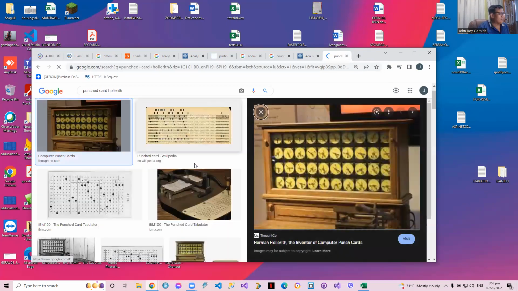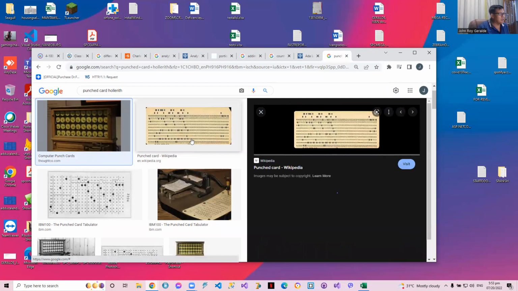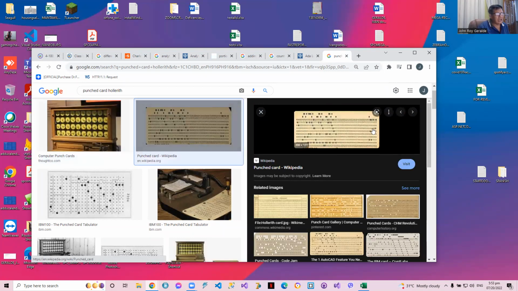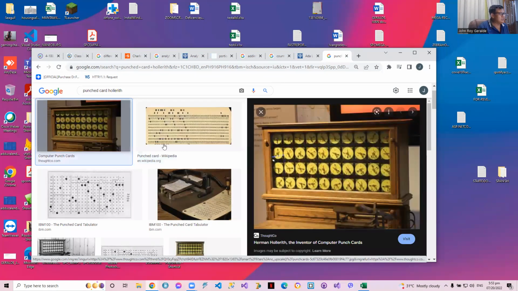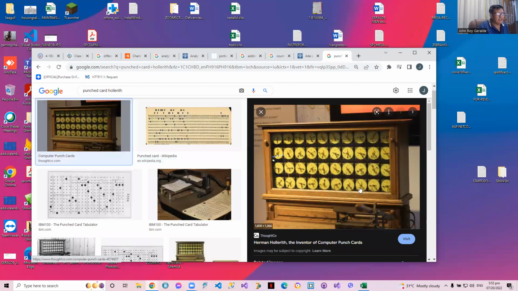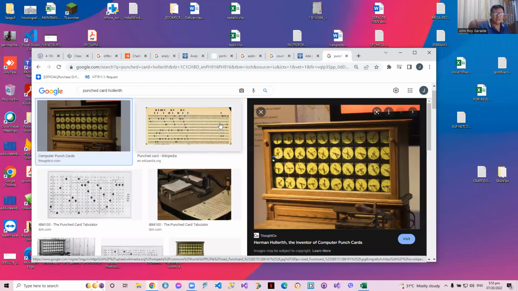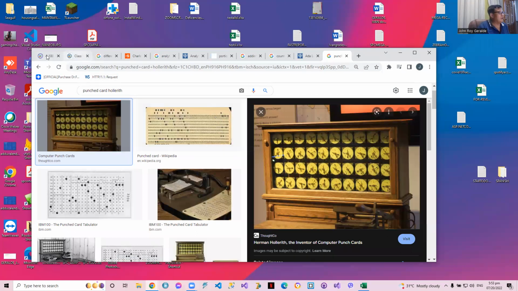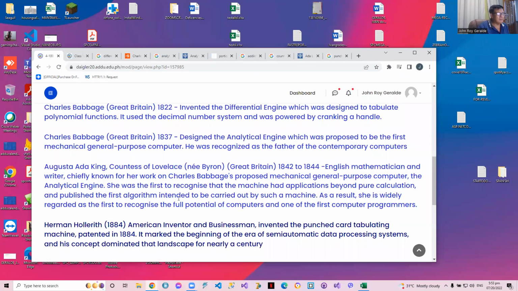This is the Hollerith punch card. It is an 80-column card where one column can be used to designate a digit, so ones, tens, and so on. This is the Hollerith machine, which is used to record and read data from a given punch card. Actually, this was used to tabulate the U.S. census during that time, because population count could take 10 years.